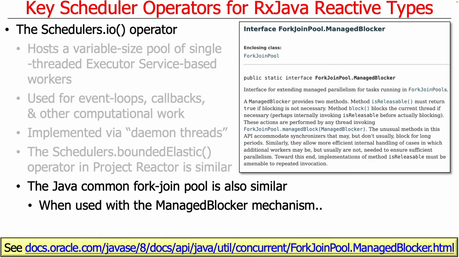If you don't use the managed blocker mechanism, then the common fork join pool is more like the computation thread pool. If you do use it with a managed blocker mechanism and you're consistent in how you apply it, then you'll end up with a solution that basically works like the I/O thread pool does in RxJava.